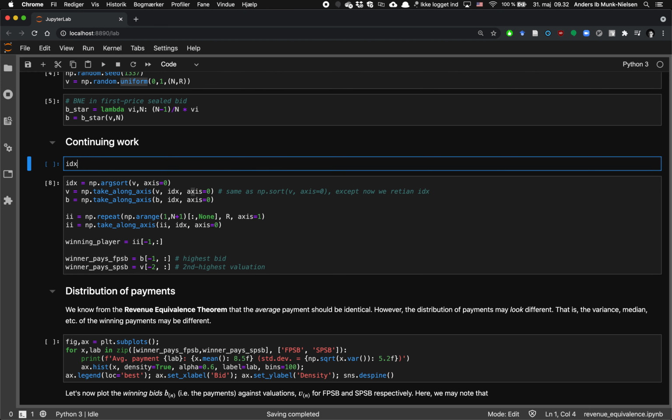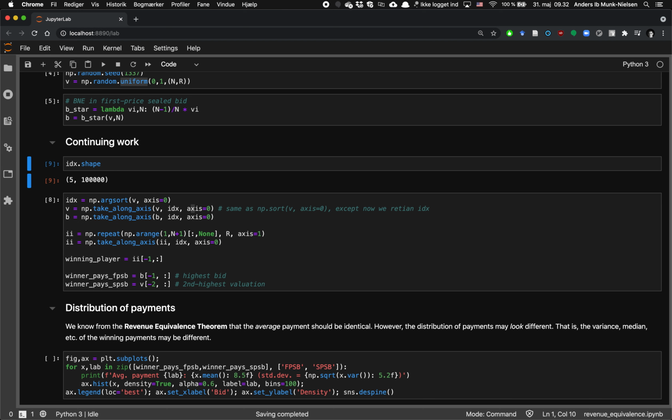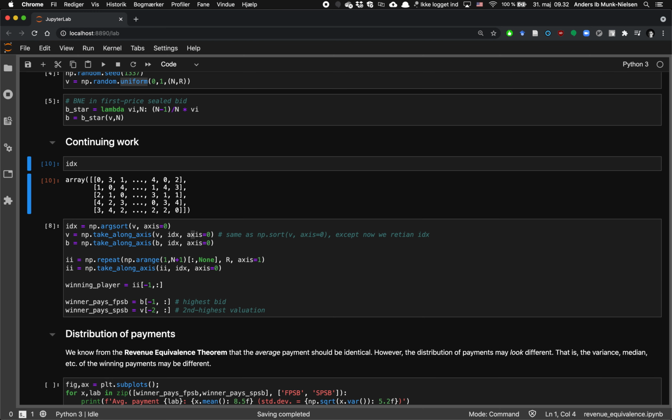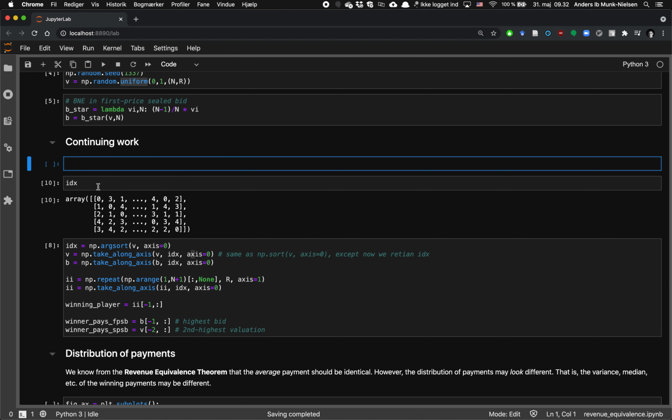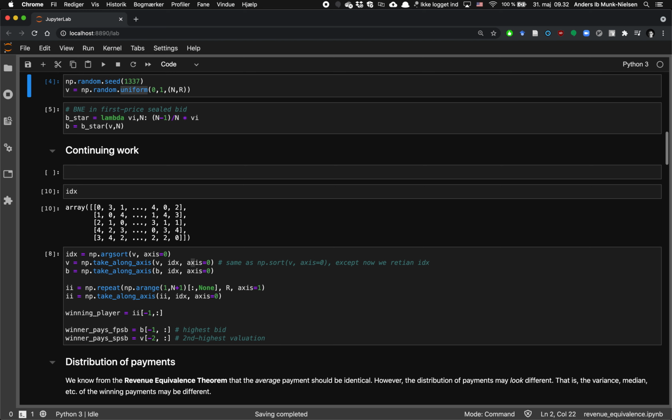So in other words, let's just review. idx.shape is 5 by 100,000. It looks like this, and this is telling us that for the first set of valuations, for example, let's just redraw the valuations.